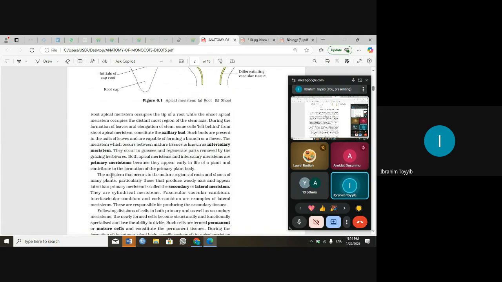Now the meristem that occurs in the mature regions of roots and shoots of many plants, particularly those that produce woody axis, appears later than primary meristem. So they are called secondary or lateral meristem. They are the meristem that form the woody axis.